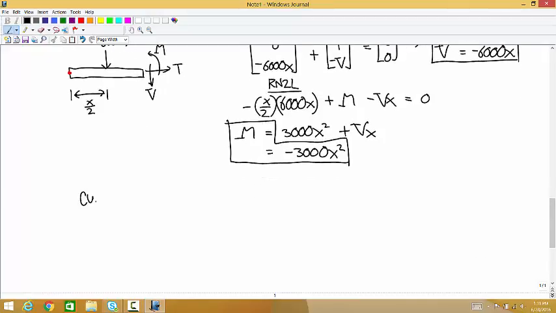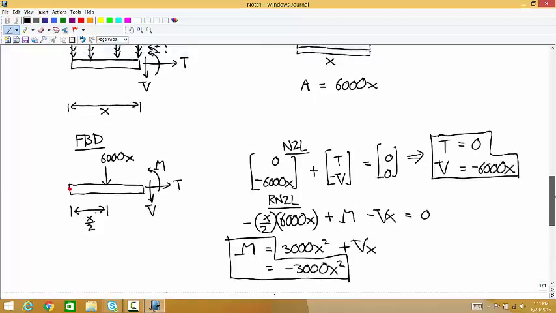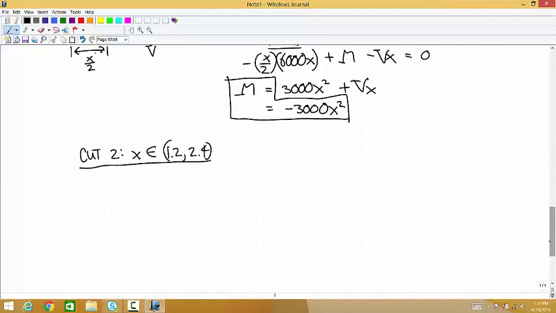Okay, so now cut 2. We're looking at x values from 1.2 to 2.4. Any x value we choose in this interval is past the end of this distributed load. So no matter how we draw our cut, the entire distributed load is present in this picture, and the right end doesn't have a distributed load acting.